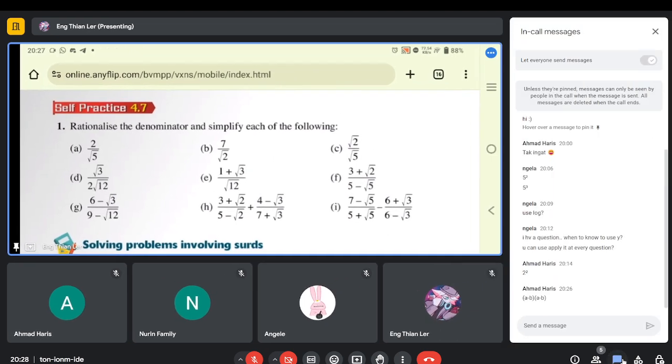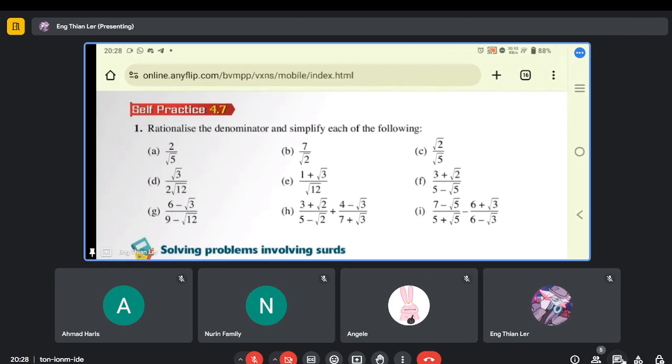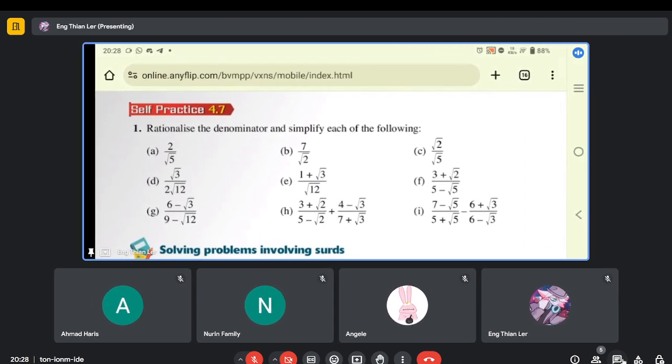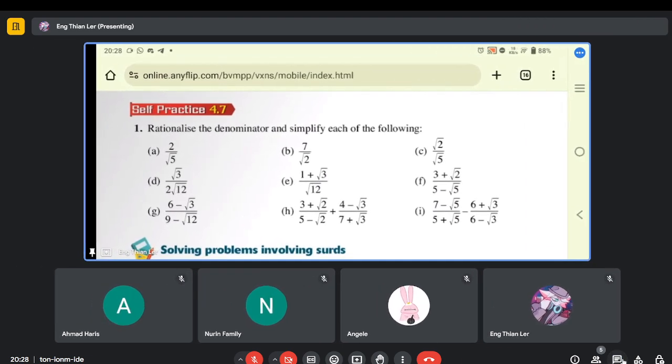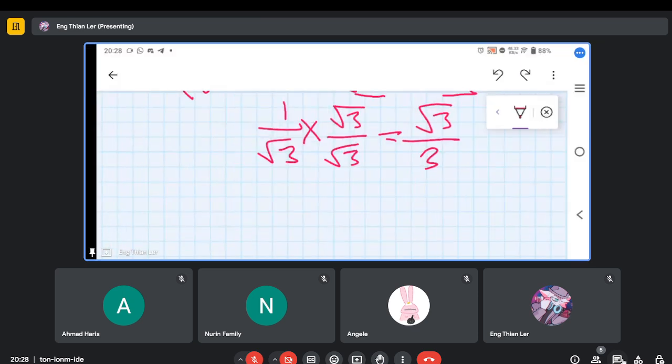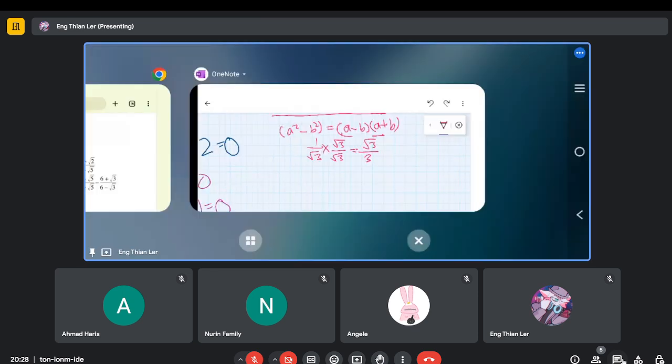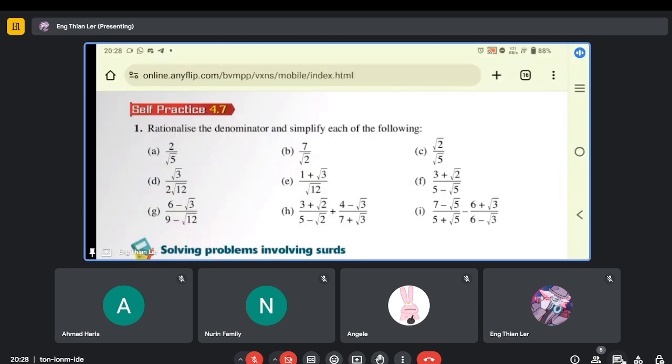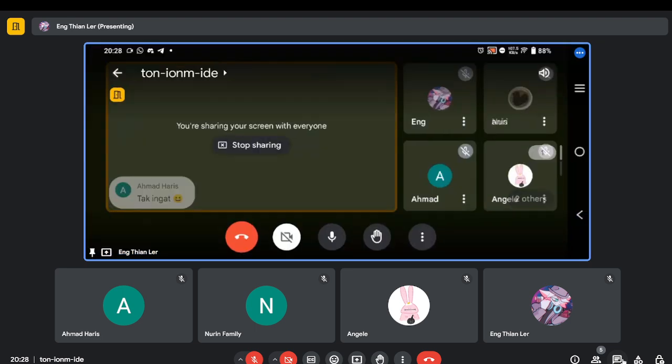Let's do F first. Yeah, correct. It's a minus b multiplied by a plus b. That will give you a squared minus b squared, which is not what we wanted. So yeah, but good try.